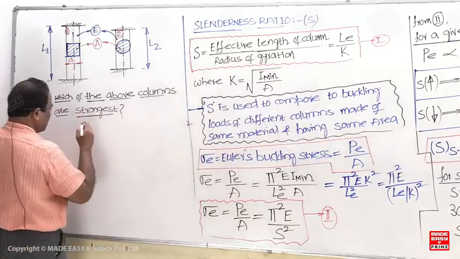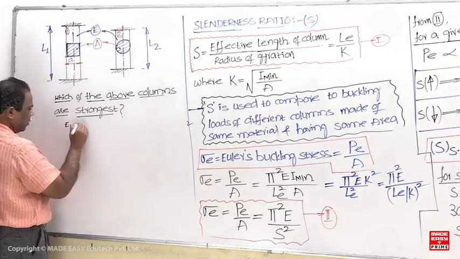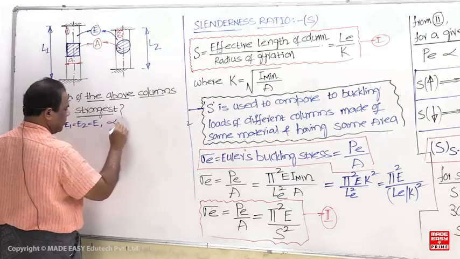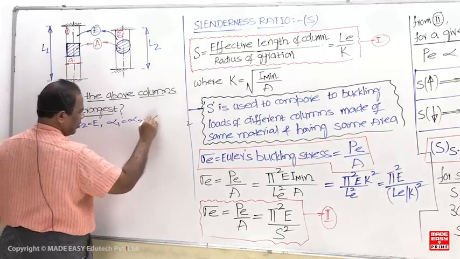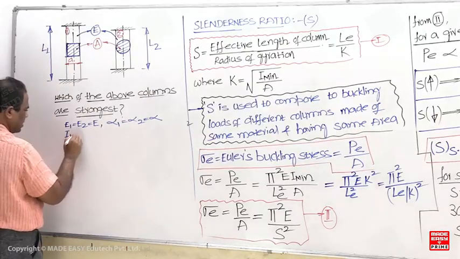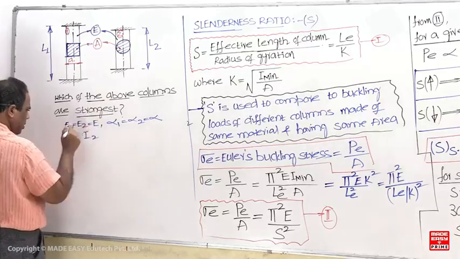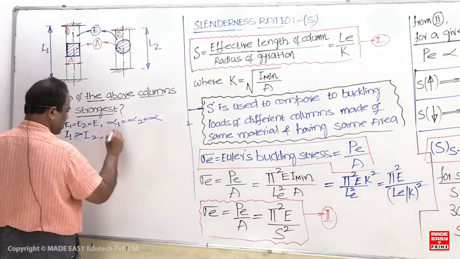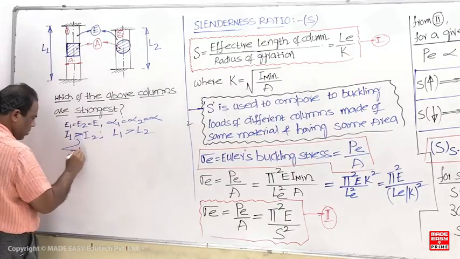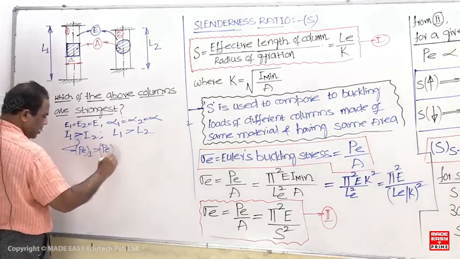So for both the columns, which one is the same? E is the same. Alpha values are the same. But which ones are different? Moment of inertia is different. I1 is greater than I2. L1 is greater than L2. From this one, what is the conclusion? Buckling load of the first column is greater than the buckling load of the second column.